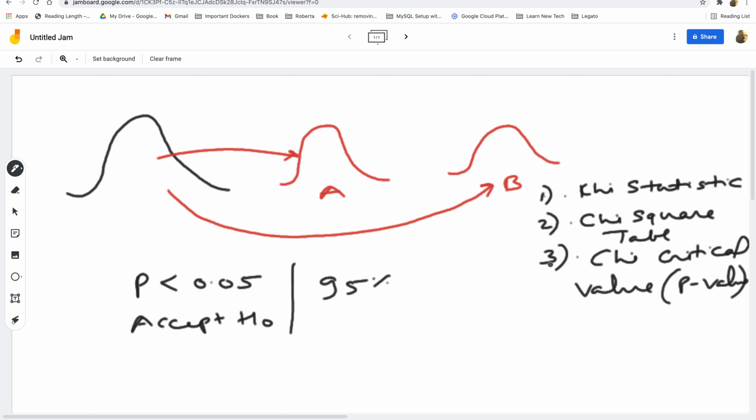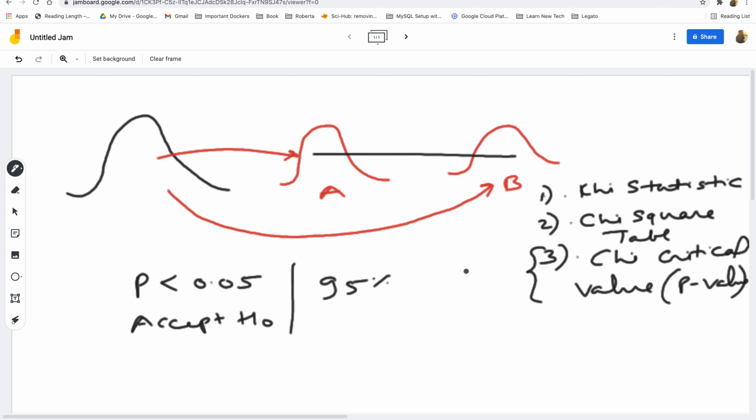Similarly here also, if we have a low p-value, that means they both belong to the same population. If they have a high p-value, they belong to different populations, so they will not be that similar, and hence one of them will have less feature importance.